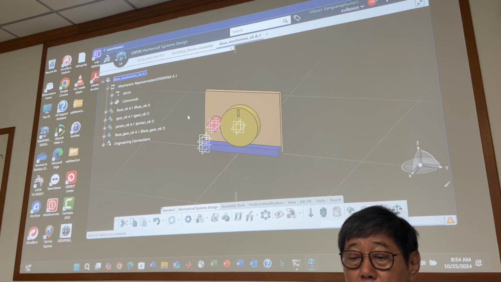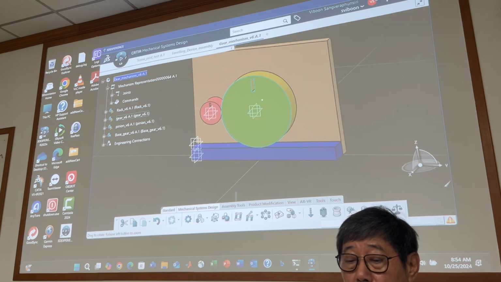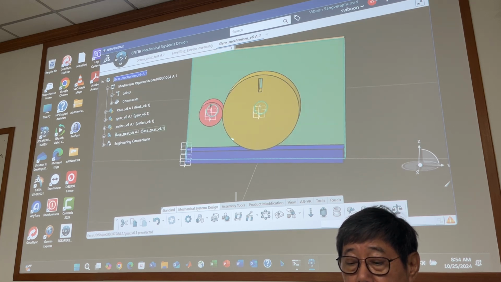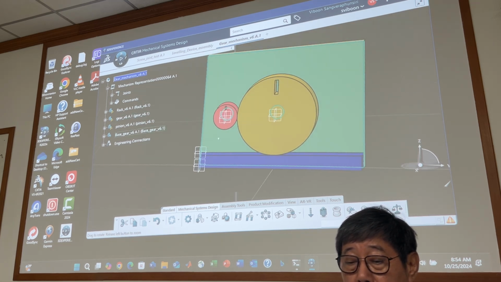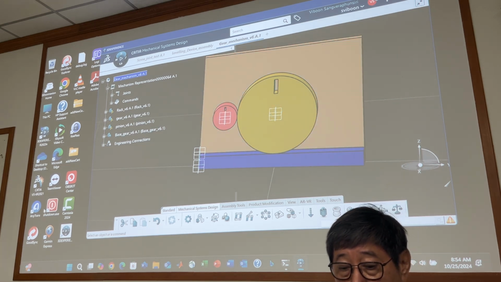This is another workshop. Okay, I give you all the dimensions. Look at this one, you see. Let's see, we assume that, okay, in this case, you look at this one.